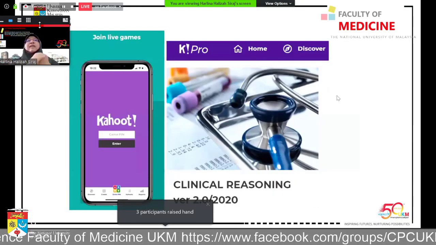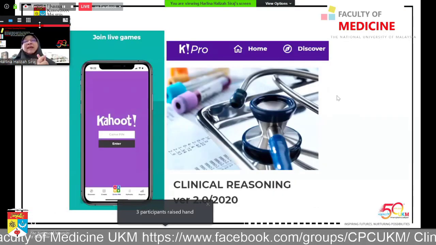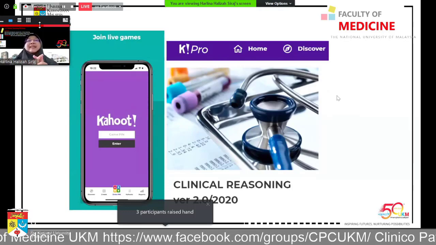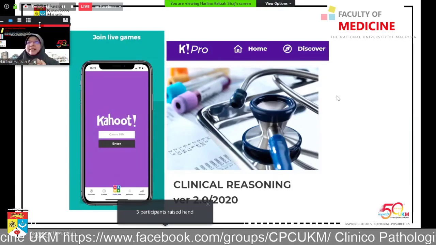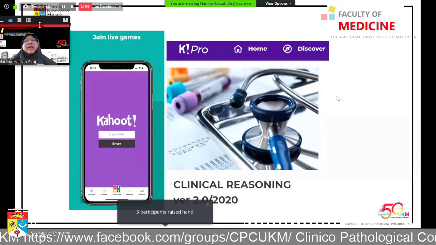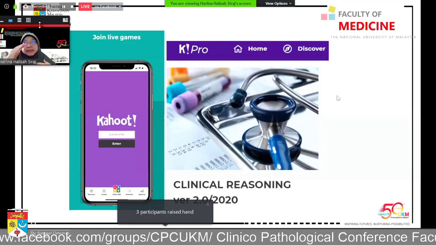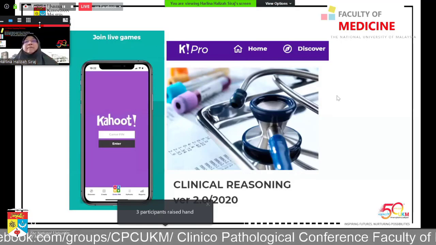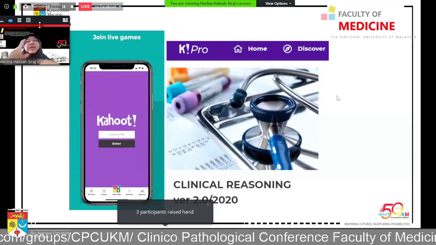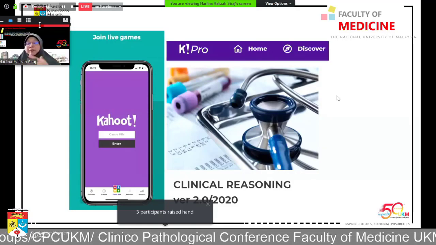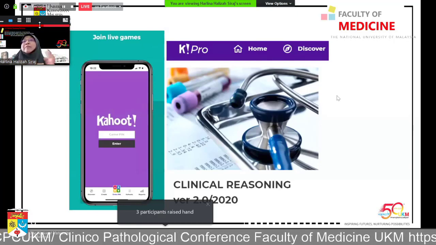But basically, this is the easiest way that we can actually have Kahoot, more or less, it's a gamification. It is a quiz where you can actually test your student. And not only that, we can actually see who are the students that need help. So I might not have the time to actually go through this, but would be in the question and answer process.